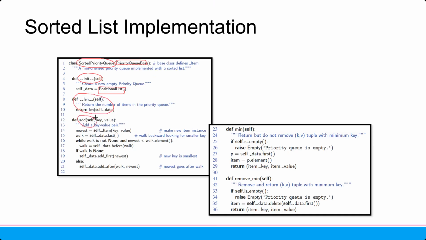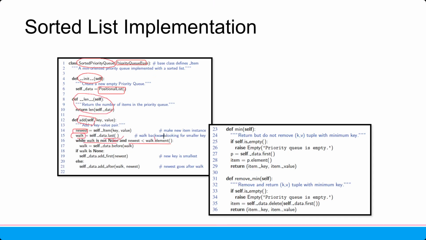And whenever we add a new data, we will make a new object, which is newest, the new instance. And then we check the list data, and check if walk is not None and newest is less than the walk element.